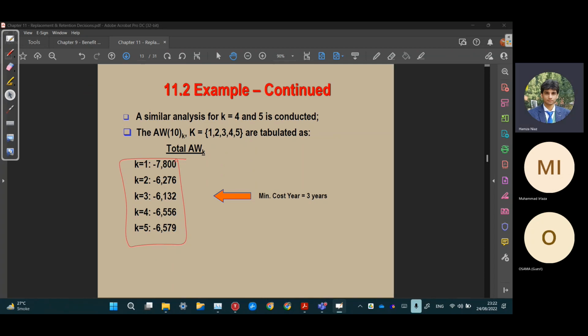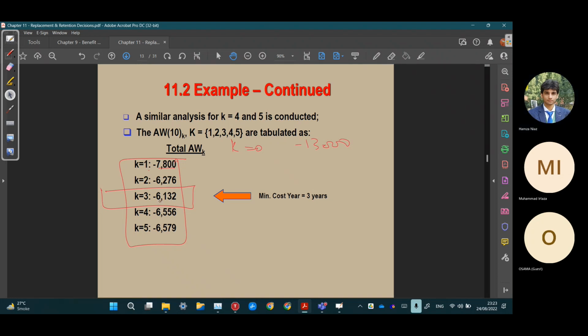For example, in these things, we know that at k equal to 0, the annual worth is minus 13,000. At k equal to 1 and 2 we get the other values. At k equal to 3, the annual worth is minimum, 6,132. So the minimum cost is at k equal to 3. So our ESL, the economic service life, would be 3 years.